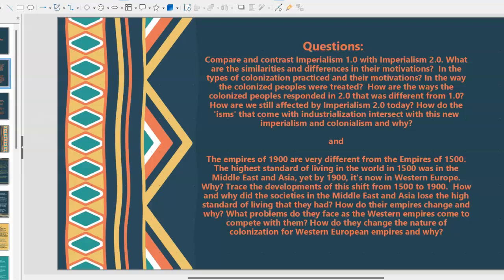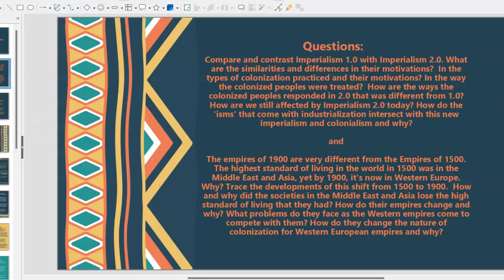In the way the colonized peoples were treated, how are the ways that colonized peoples responded in 2.0 different from 1.0? How are we still affected by imperialism 2.0 today? How do the isms that come with industrialization intersect with this new imperialism and colonialism, and why?